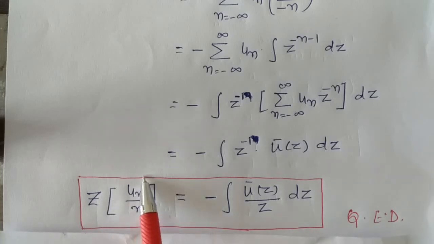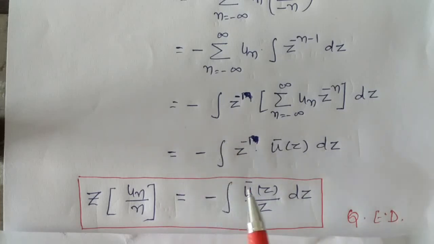The z transform of u(n) by n is minus the integral of U-bar(z) by z with respect to z. So these are two important properties of the z transform, which are known as multiplication and division by n.